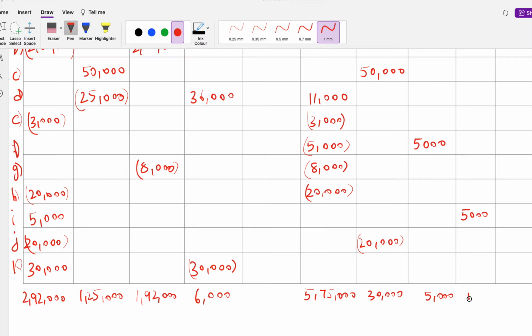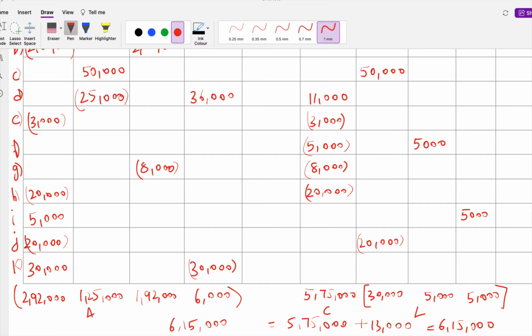Advance rent 5,000. Now all these are assets. This is your capital and these are your liabilities. So if you sum it up, this is coming to 6,15,000, which is equal to 5,75,000 plus this comes to 40,000, which is equal to 6,15,000. Sorry, not 30,000, this is 40,000.